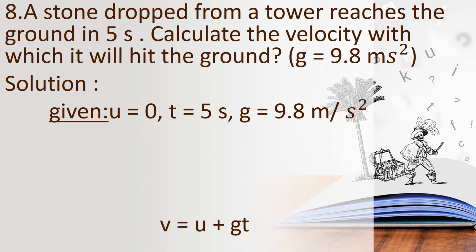By applying this equation, we can find the velocity very easily. So we can apply all the values here. u is given, so v equal to 0 plus g is 9.8 into 5. Multiply 9.8 into 5.